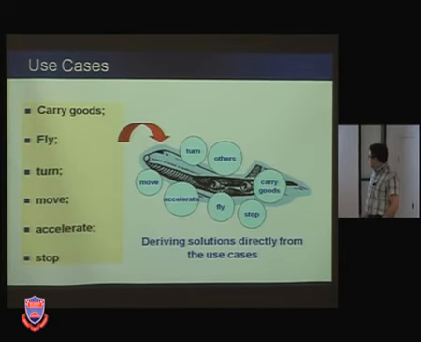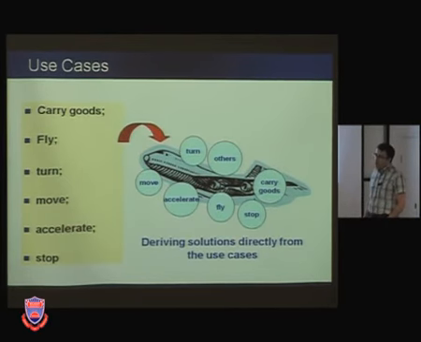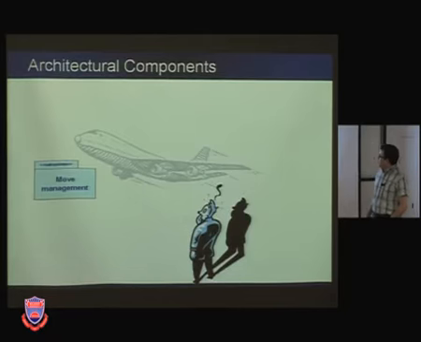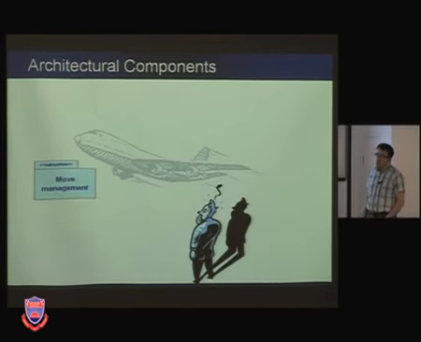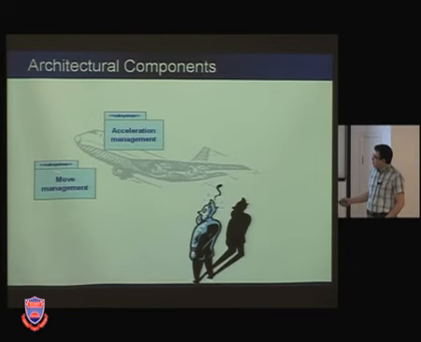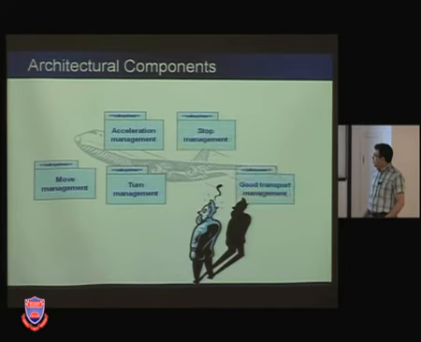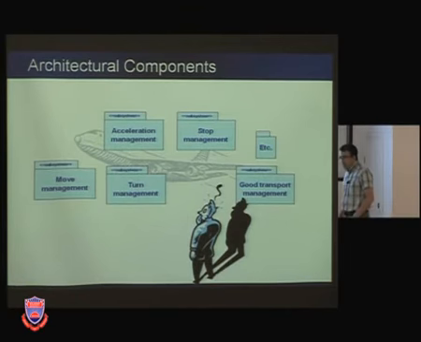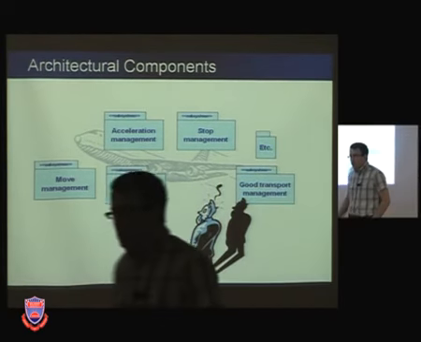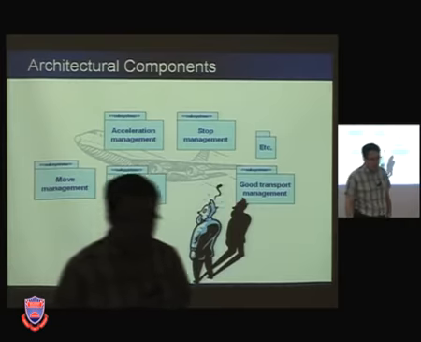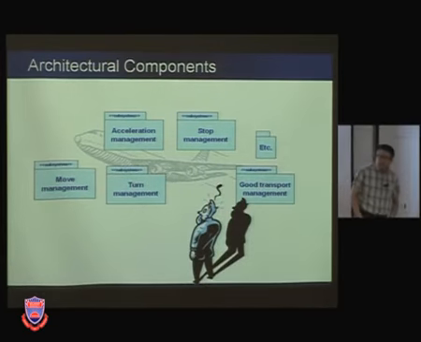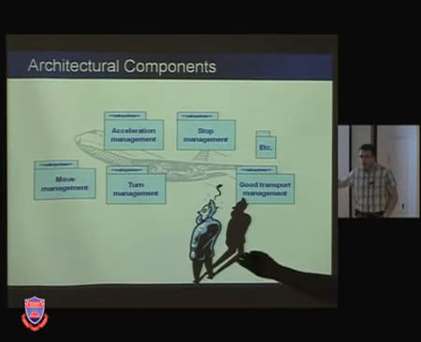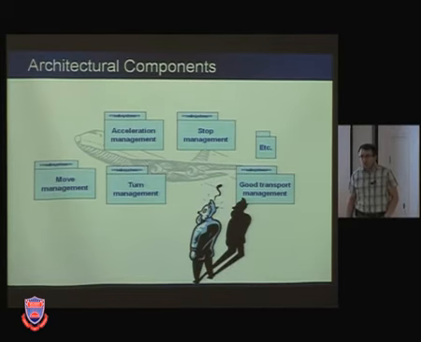But people tend to derive solutions directly from the use cases. What people tend to do is just add the term management to these use cases: move management, acceleration management, turn management, stop management, goods transport management, etc. And then define the relationships between these and come up with an architecture. This is also one approach, based on use cases.